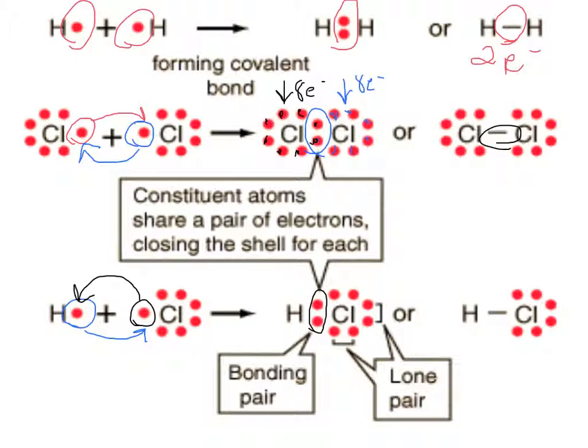Each atom has the full shell that it wants to have, and so you form that bond. That sharing of 2 electrons is represented by the dashed line. These extra electrons that are around the chlorine that are not involved in the bond, those are called lone pairs. The electrons that are actually involved in the bond are called bonding pairs.